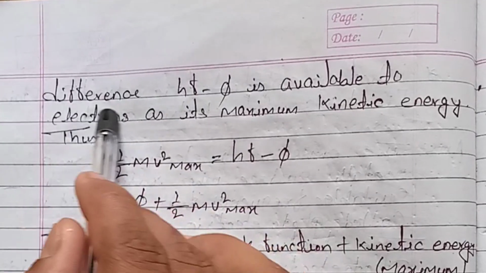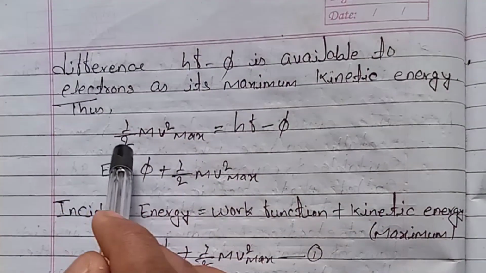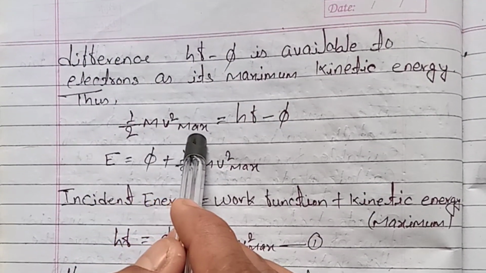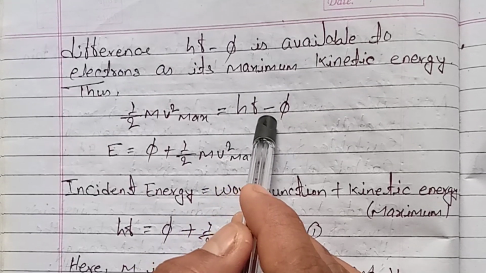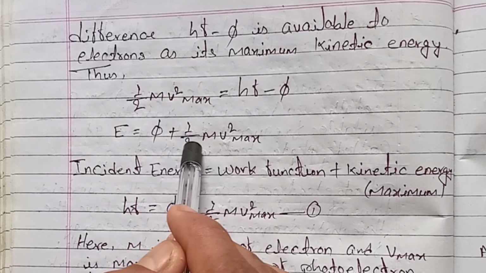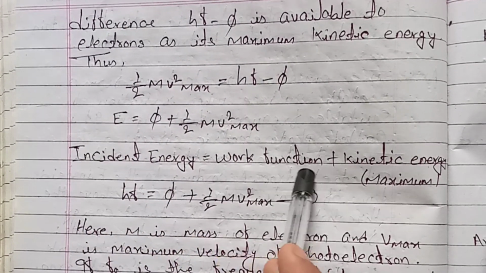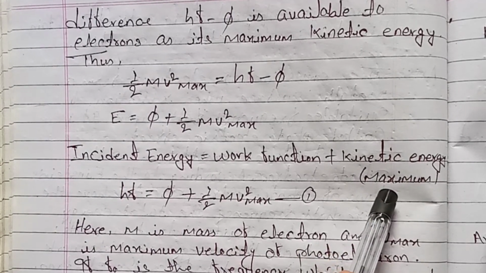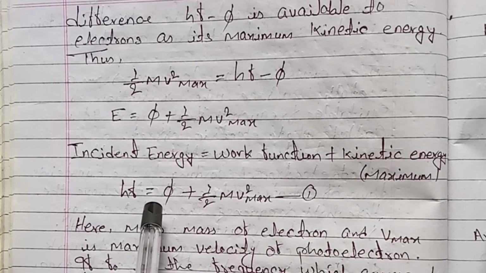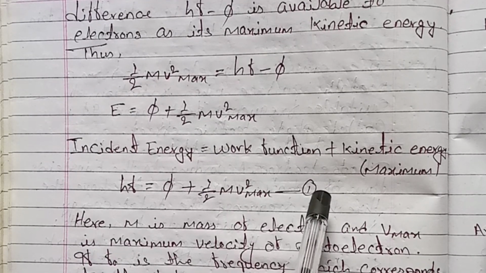The electron is freed and the difference hf minus theta is available to the electron as its maximum kinetic energy. Thus, 1 by 2 mv square max is equal to hf minus theta. Incident energy is equal to work function plus kinetic energy. Maximum hf is equal to theta plus 1 by 2 mv square max. That is equation number 1.